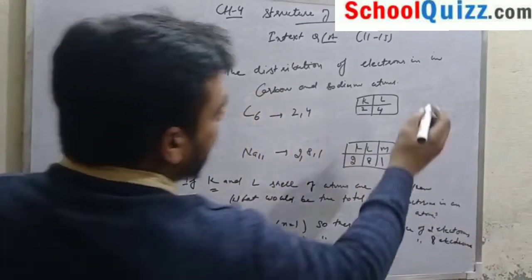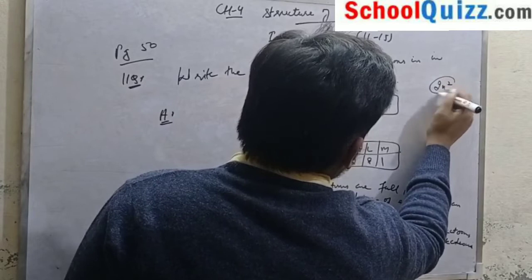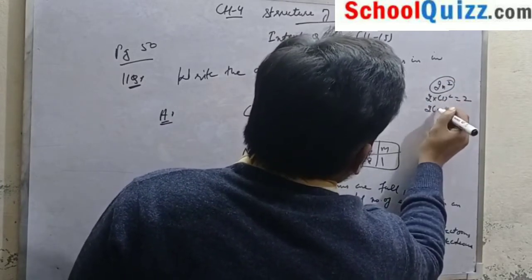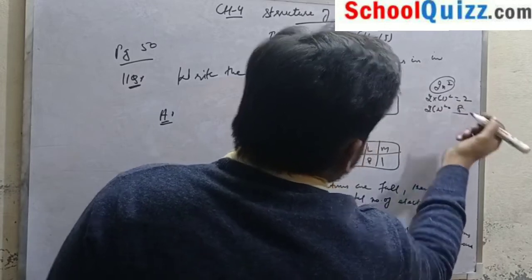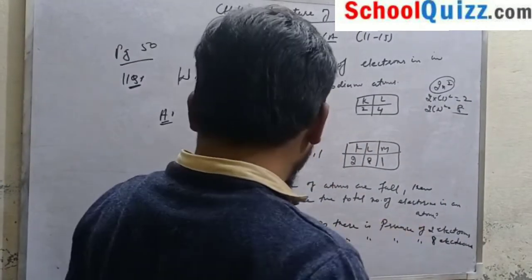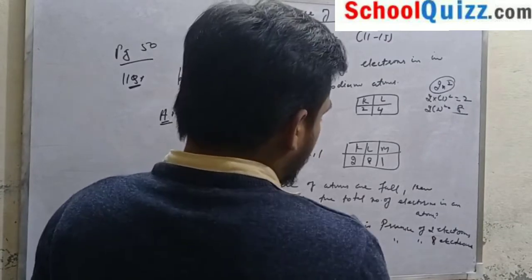As we know, the formula is 2n square. Then 2 into 1 square is 2, and 2 into 2 square is 8. So in the K shell there are 2 electrons and in the L shell there are 8 electrons.